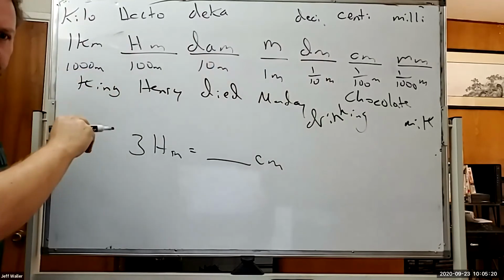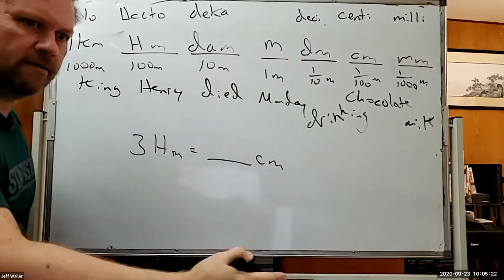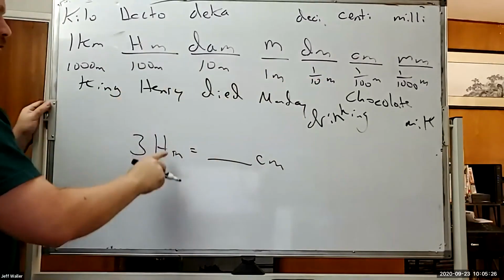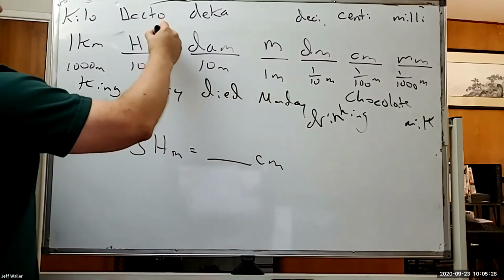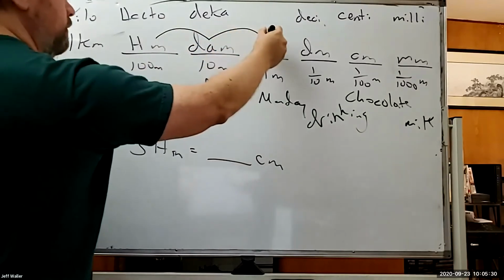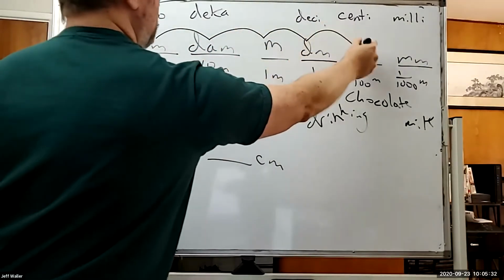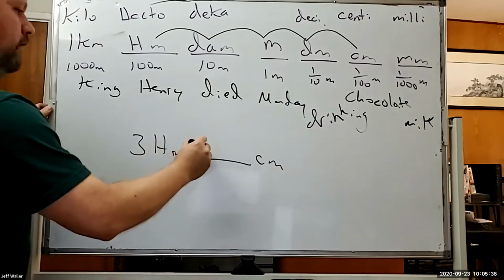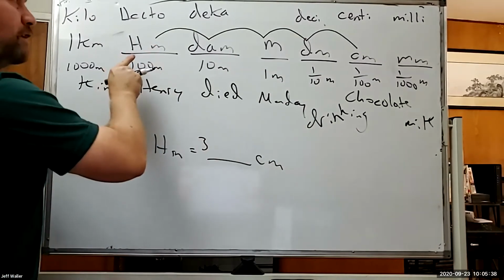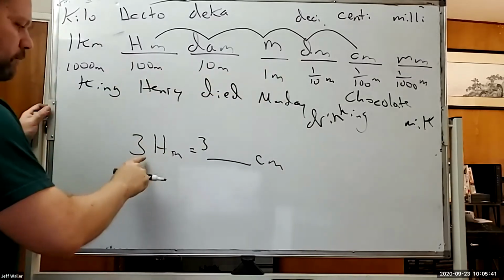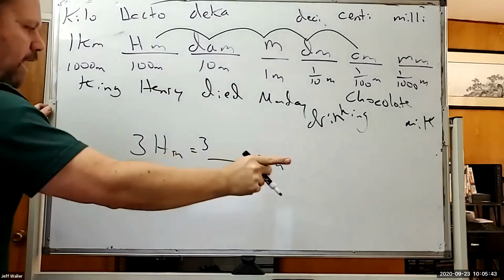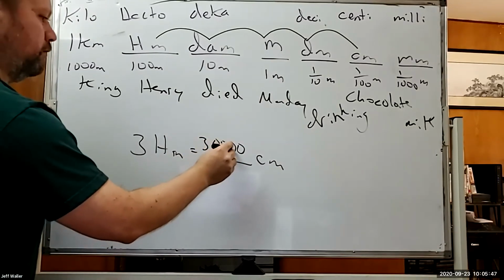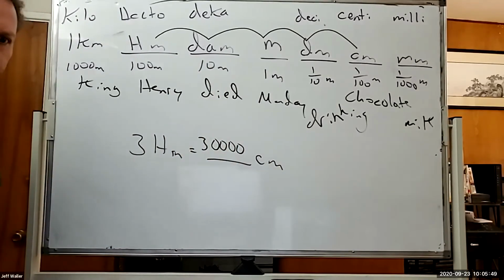Does that make sense? Every step I take is a step of 10, because everything's separated by a factor of 10. So how many steps do I take from hectometer to centimeter? 1, 2, 3, 4. Which direction did I go? That way. So I'm going to move the decimal 4 places that way. 3 hectometers is 30,000 centimeters.